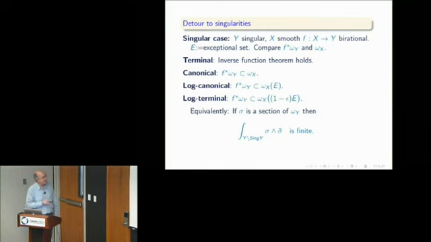Now this last class is especially nice from the differential geometry point of view, because this is equivalent to saying that if you take a section sigma of omega y, then you can look at sigma wedge sigma bar, and it's a volume form. There should be a power of i in front of it before it becomes an actual real volume form.